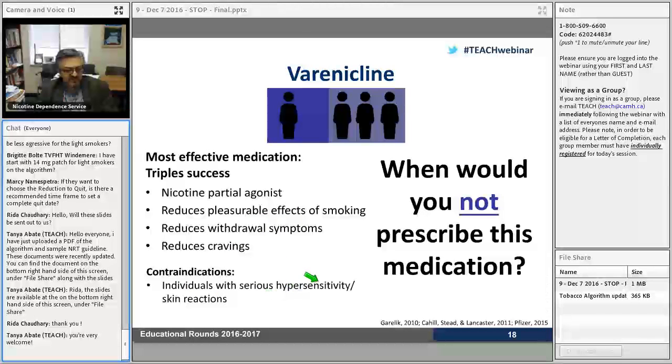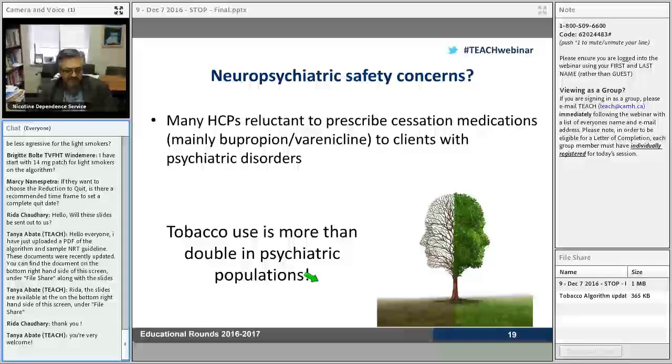Clearly, the contraindications are individuals with serious hypersensitivity. And most of us, if we ask, when would you not prescribe this medication, will say the following. I've heard that it's going to make you crazy, or it can cause you to get worse and make you depressed, psychotic, suicidal, homicidal, etc. And as a result of these case reports, many healthcare professionals have been reluctant to prescribe these medications, primarily Bupropion and Varenicline, especially to those who have diagnosed psychiatric disorders.